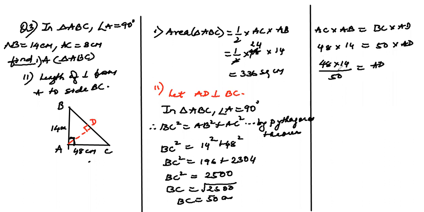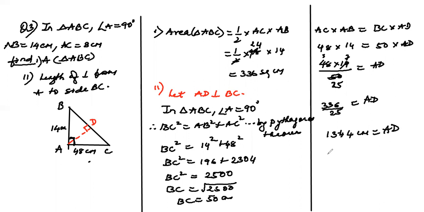Simplifying, 336 upon 25 is 13.44 centimeter.